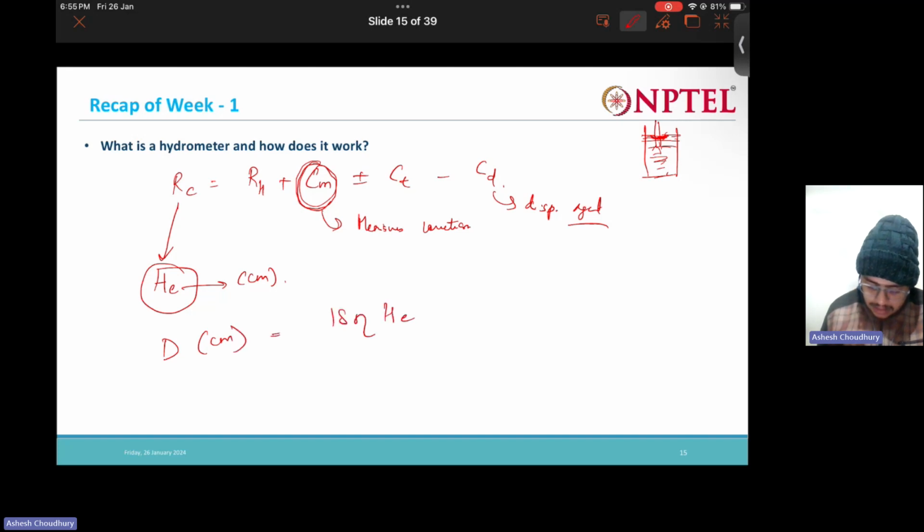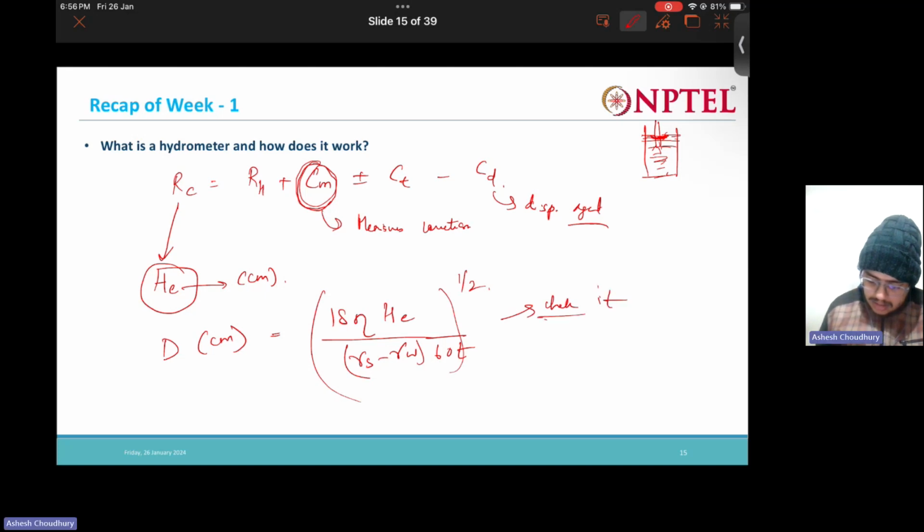Just check this formula once. This is the viscosity of water.